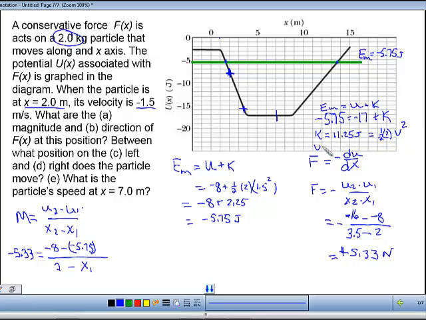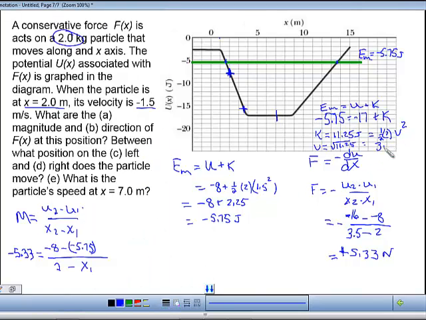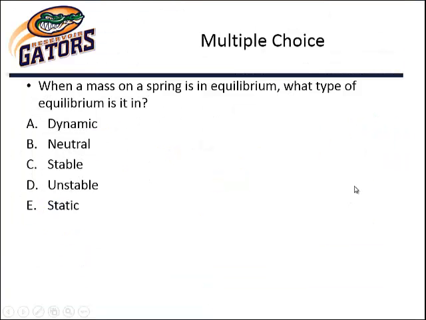So v is equal to the square root of 11.25, which is equal to 3.35 meters per second. Okay, so there's a lot of information in there. It's a long problem. Please work through and find the other information that you need, and we'll move on. Here's your multiple choice question.